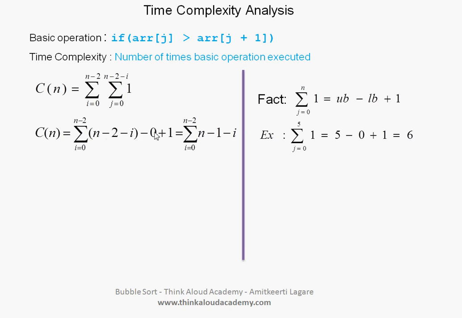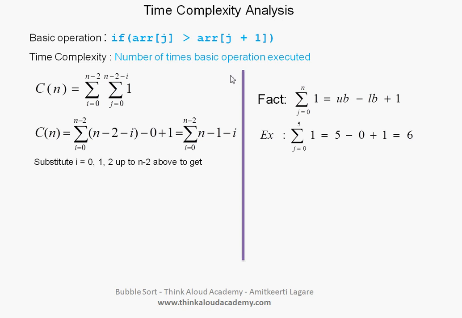And suppose I solve this, so minus 2 plus 1 will become minus 1, and the n stays as it is, and then minus i would stay as it is. So when I solve the inner summation, I would get the equation as summation of i is equal to 0 to n minus 2 of n minus 1 minus i.